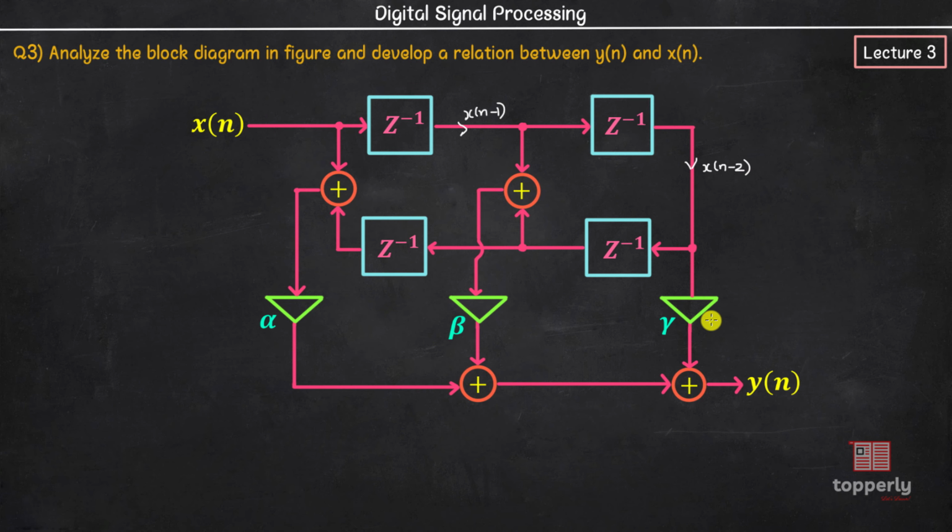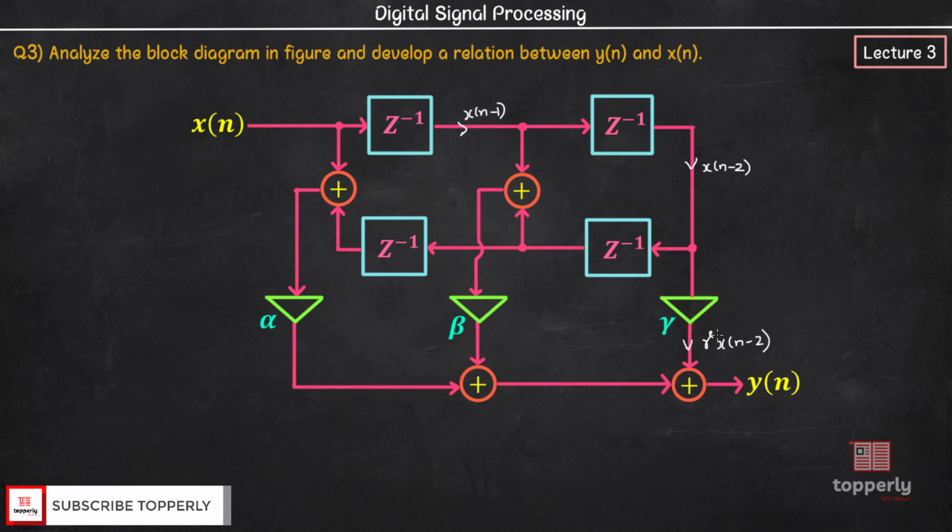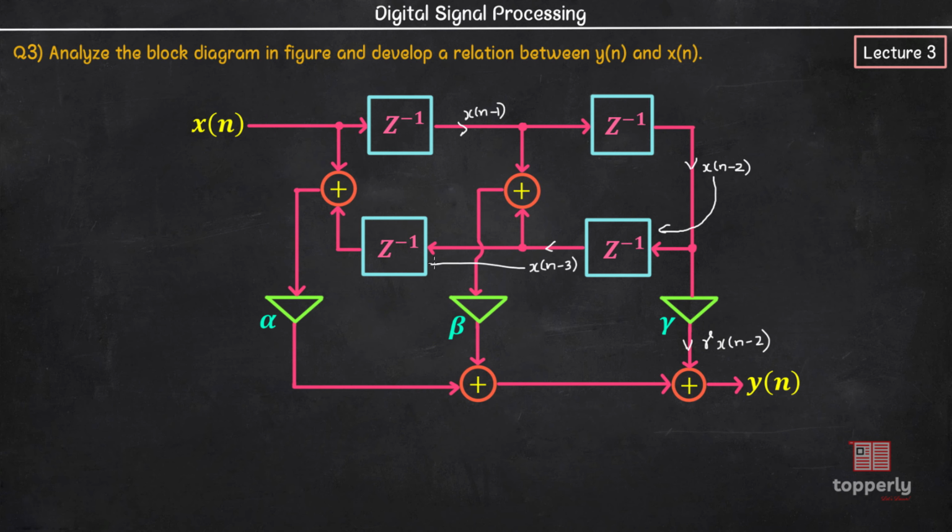Now this is a multiplier with scalar gamma, so the output here will be gamma times x of n minus 2. Now the input to this unit delay operator is x of n minus 2, so the output here will be x of n minus 3, which is fed to this unit delay operator. Therefore we get the output as x of n minus 4.